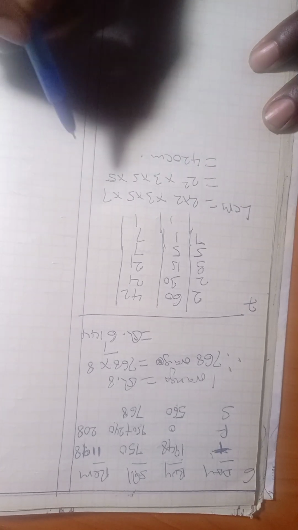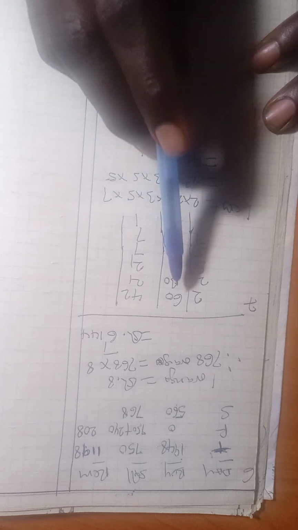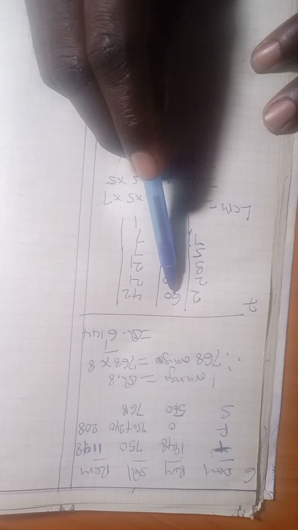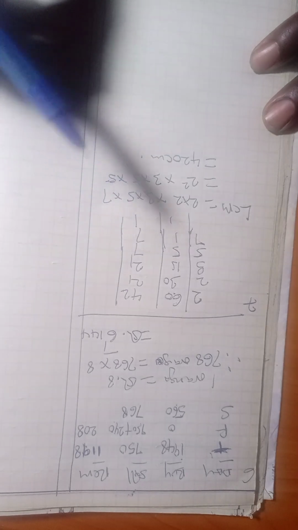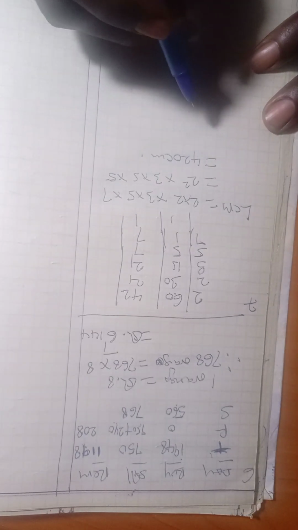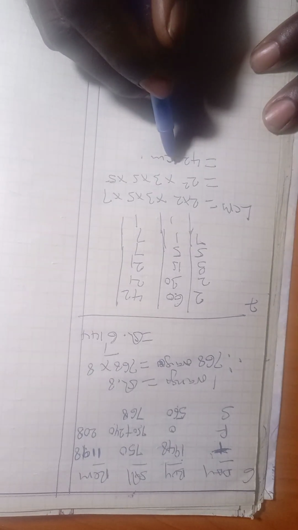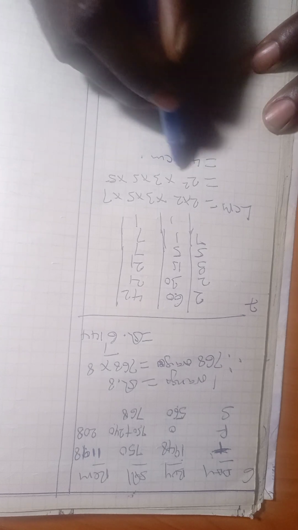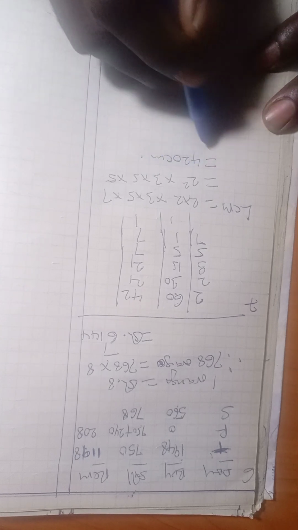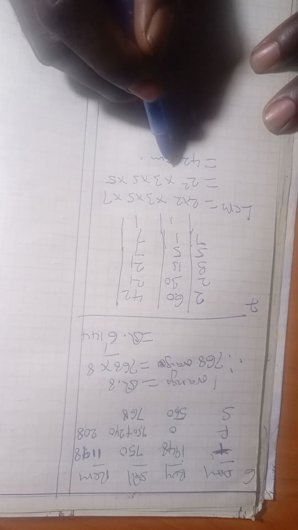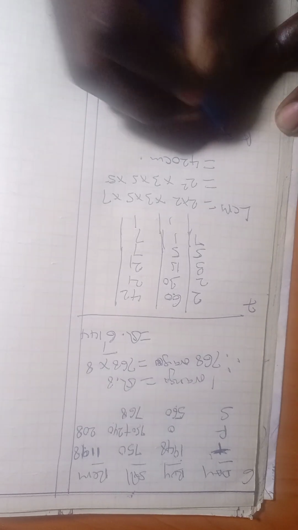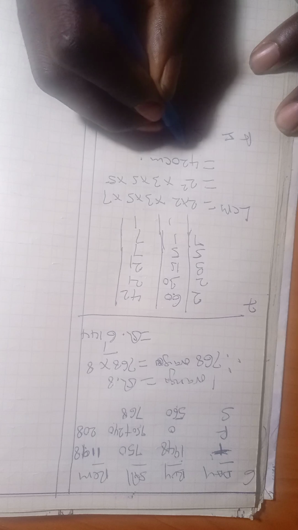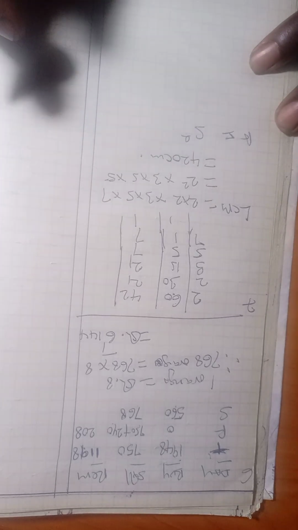Now this means that the slabs of length 60 and width 42 fit perfectly in a square room that is 420 centimeter. And you know the area of a square is equal to side squared, or side times side.